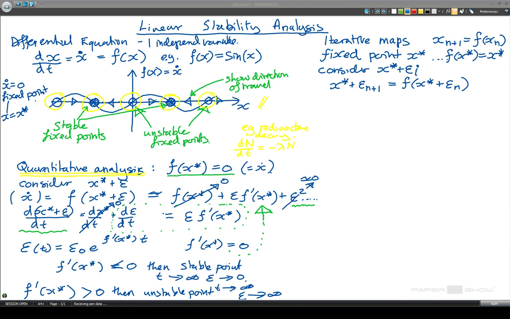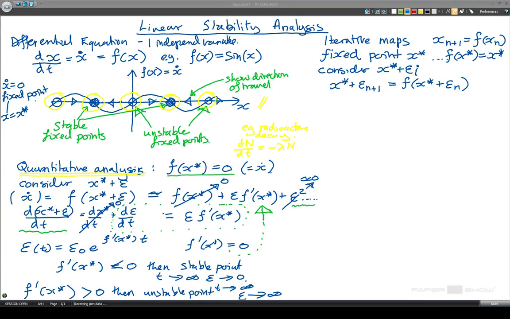So that's exactly our equation above, but it's just substituting x n plus 1 for x star plus epsilon n plus 1.